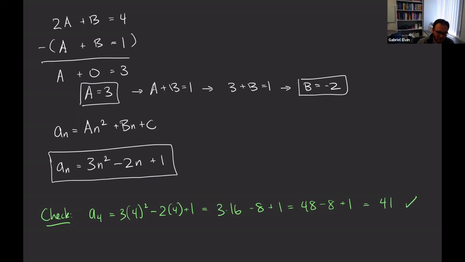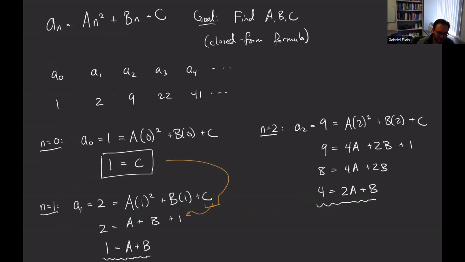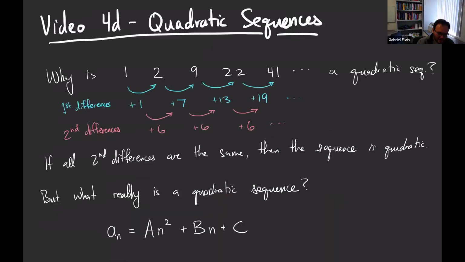So if I wanted to know the 100th term and I didn't have this, then I would have to add 6 to the second difference to get 25, and then I have to add 25 to that to get 66, and then I have to do that all the way up until I get to the 100th term.